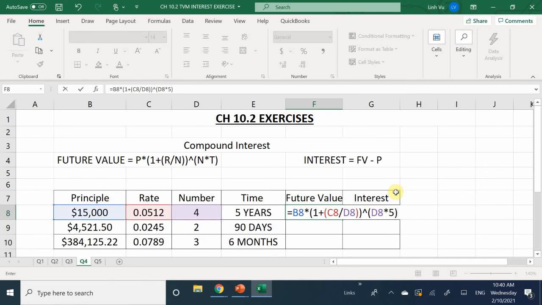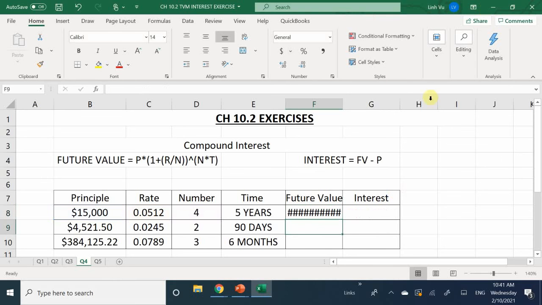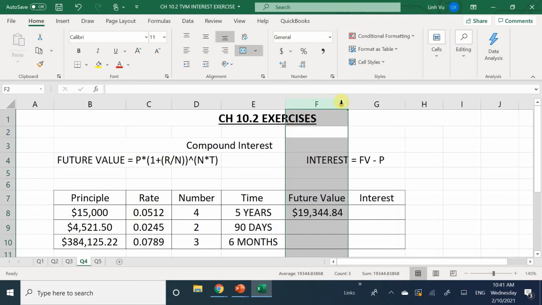So whoever's following along with me, what's my future value? 19,344.84. Let's see. Yes, good. 19,344.84.